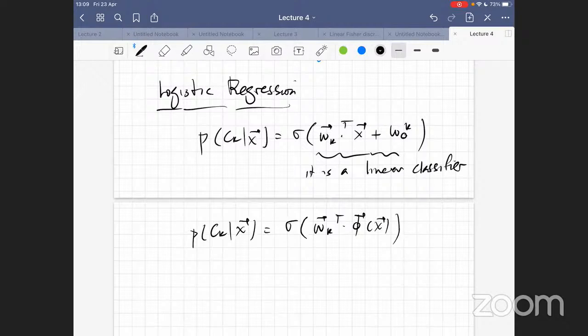Remember, by going from this to this, I am assuming that I have gone to a phi space, because in general this is something that you may evaluate doing before any classification. You may go to a different space where the classes are more separable. Okay, so the way to train it is to minimize the cross entropy.